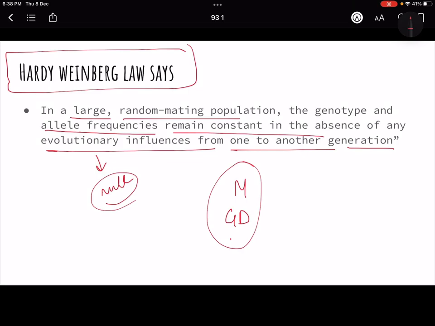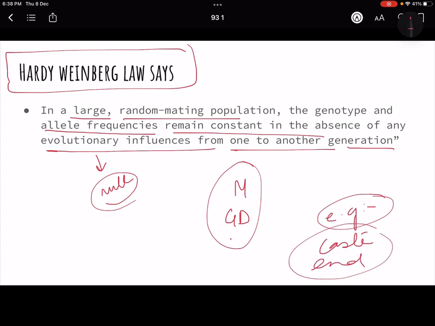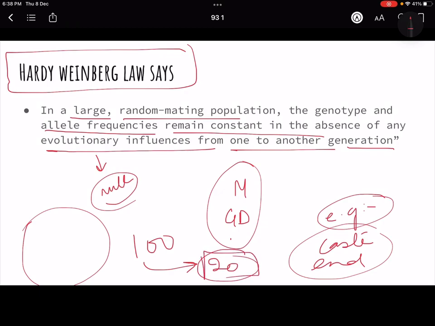For example, there are caste endogamy. Even if you are living in a village, you are marrying only in your caste. That means you are restricting yourself and not marrying within a large group. Even though you are living in a village of 100 people and you have only 20 people of your caste there, you are restricting your marriage to those 20 people. That means you are not following the random mating pattern.